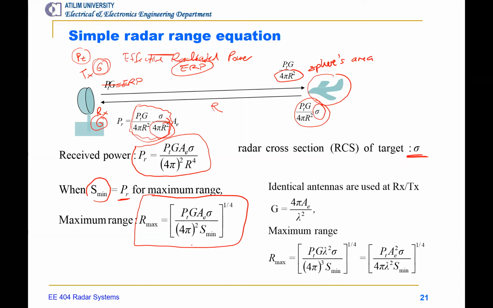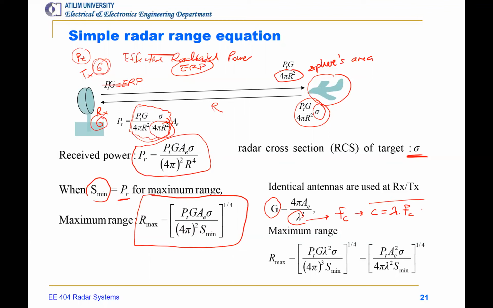With this formula. Now, the antenna parameters are related to each other. We can write the gain of an antenna as 4 pi AE divided by lambda squared, where lambda is related to the operational frequency, which is usually FC. And this can be written as C over FC.